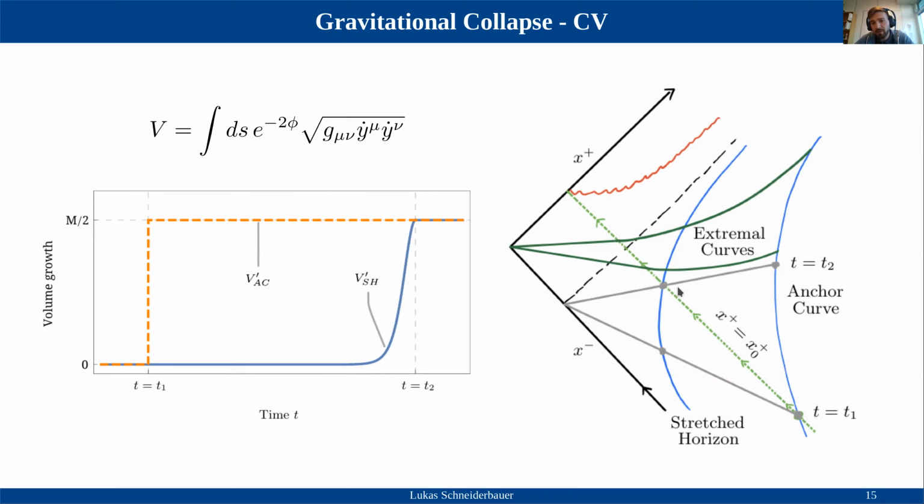So this, for example, would all be constant time. So t2 is exactly the point where the stretched horizon crosses this line here, the infalling shock wave, which would also be the time the guy actually sees this black hole forming.